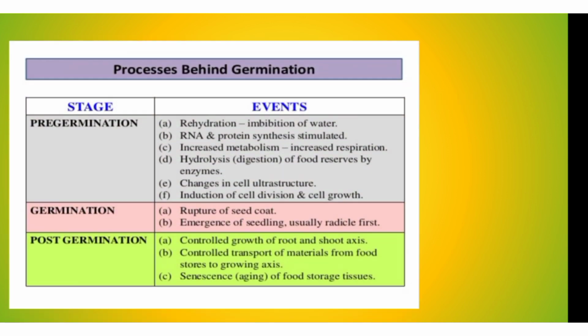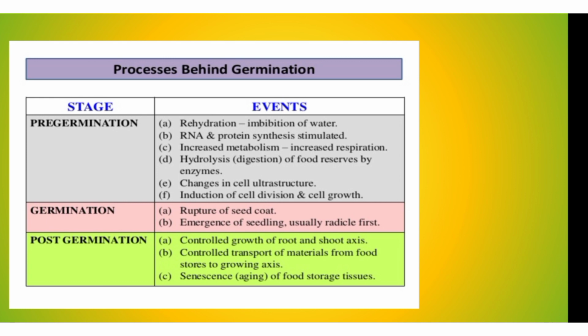The processes behind germination have stages and events. We have three stages: pre-germination, germination, and post-germination. Pre-germination has 6 events, germination has 2 events, and post-germination has 3 events.